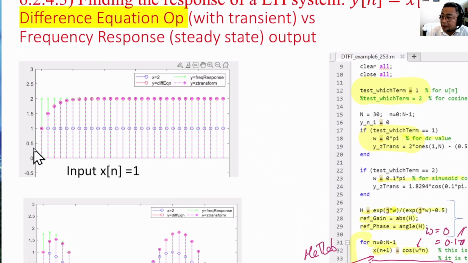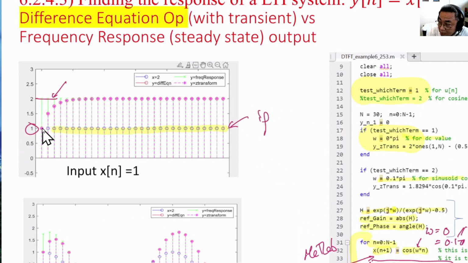Let's now explain these 4 figures. This blue dot here is the input, and it has value 1. This green dot here is the steady state response. So when the input is 1, the steady state output is 2 all the way.